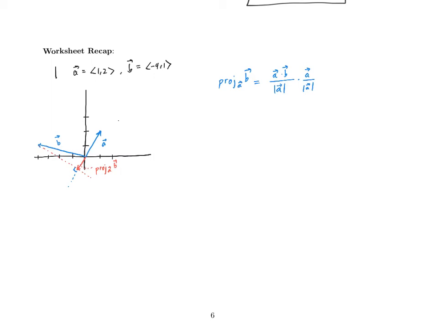In terms of computations, I will let you work through the details, but A dotted with B is minus 2. The magnitude of A is the square root of 5. So you're going to have square root of 5 squared multiplied by the vector A, so 1, 2. And note, just so there's no confusion here, the square root of 5 squared is the magnitude of A, quantity squared.